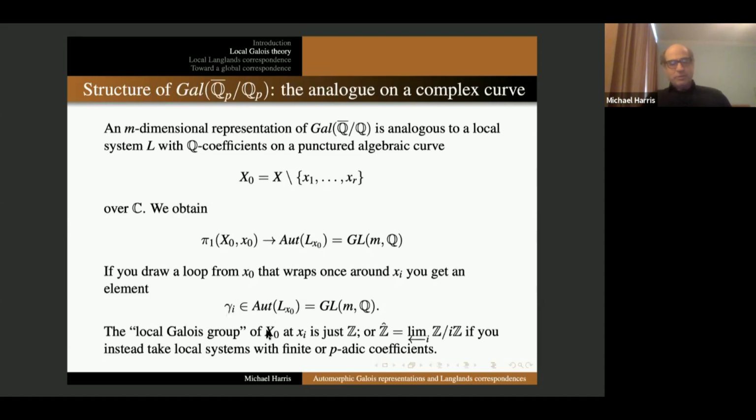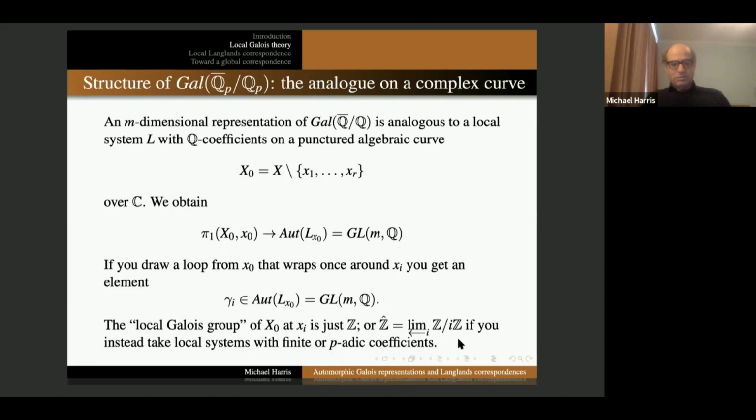But bear with me and just assume that x0 is very close to these points, so we're really just looking at a punctured disk in the neighborhood of x_i, and then the local Galois group of the punctured disk is just Z. And now, if instead of taking local systems with Q coefficients, we take local systems with finite, or I should have said L-adic coefficients, we think of the local Galois group as just Z hat, the projective limit of all the finite local groups.